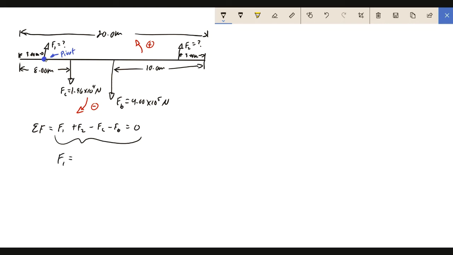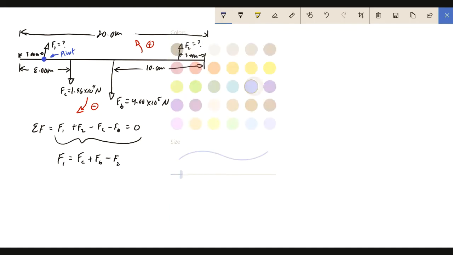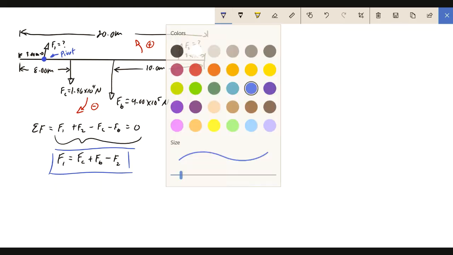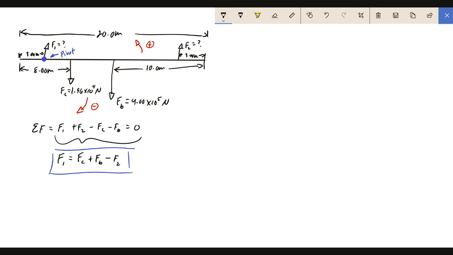So F1 equals FC plus FB, the weight of the car plus the weight of the bridge, minus the other force, F2. It's this equation, which in part 2 will give us F1. And if I had F2, then I could certainly use this equation and I would be done. So the first condition is met, right?